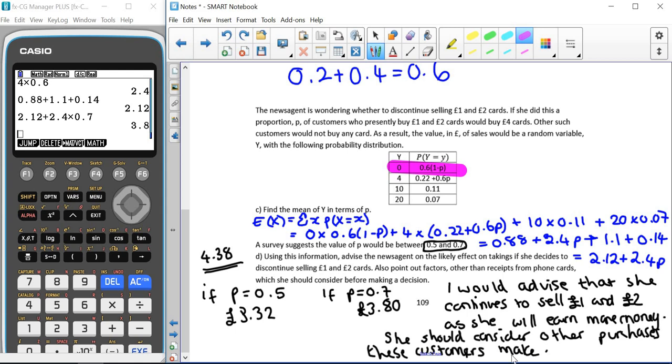So that also needs to be taken into consideration when they're deciding what to do.